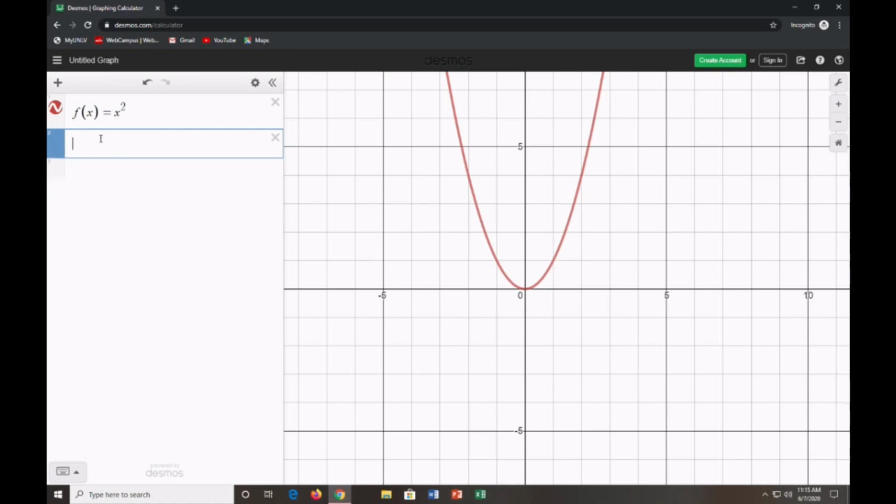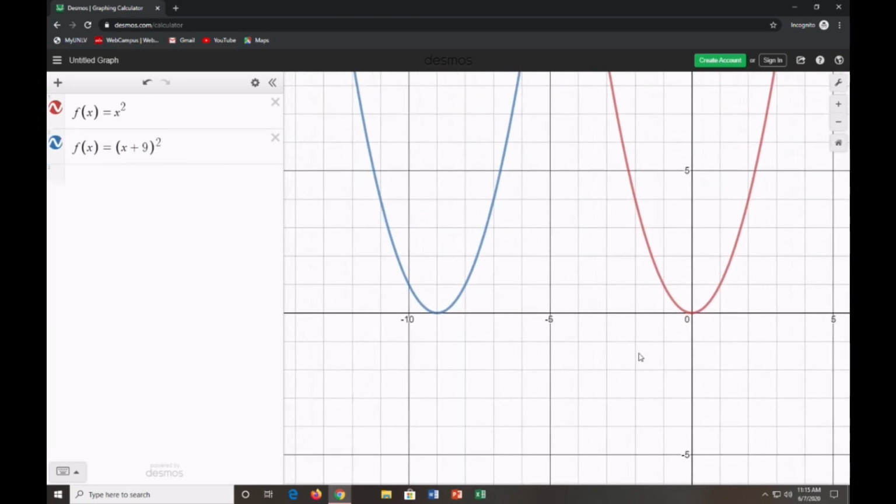So it is x plus 9 squared, right? So let me scroll over. So as you can see, this vertex, and as a result the whole graph, moves 9 units to the left, which is what we determined. Okay, so this blue one is the transformation of the original function.